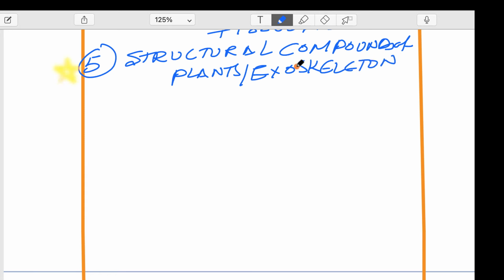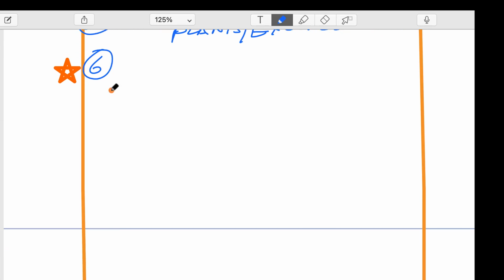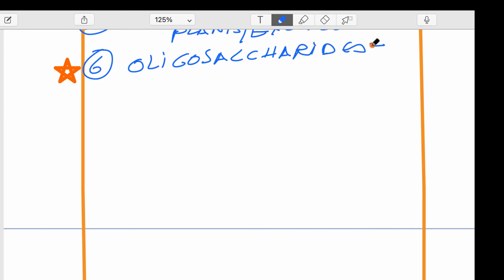Another important function is as oligosaccharides. What are oligosaccharides? Oligosaccharides are combinations of monosaccharides, from 2 to 10. They combine with the plasma membrane, the cell membrane.